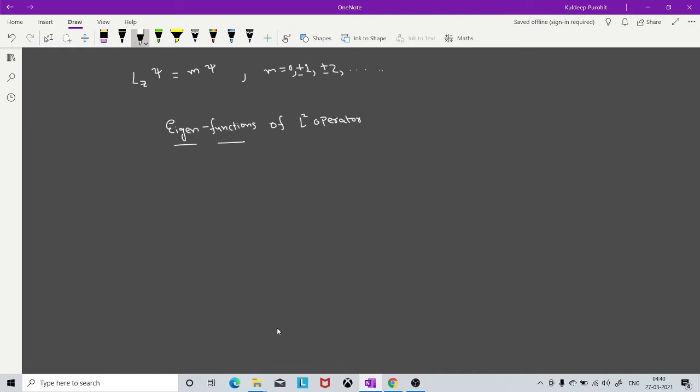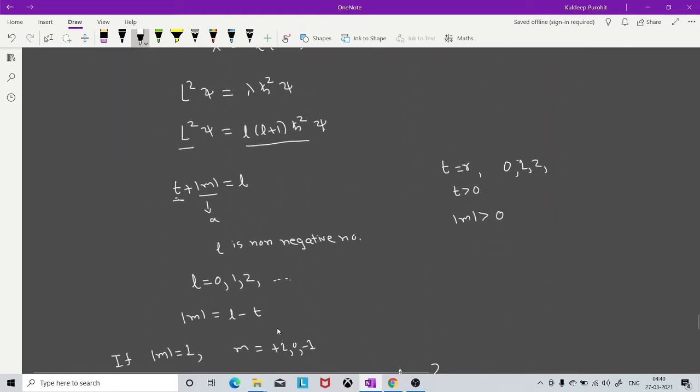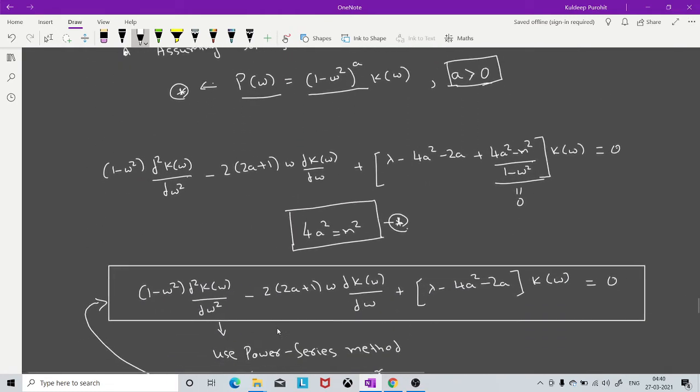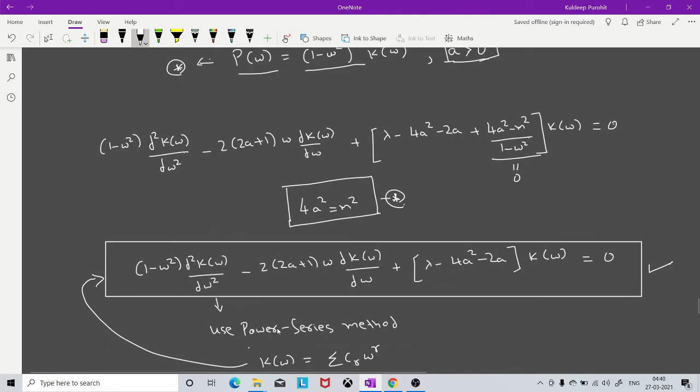So I will start with this equation which we have derived.